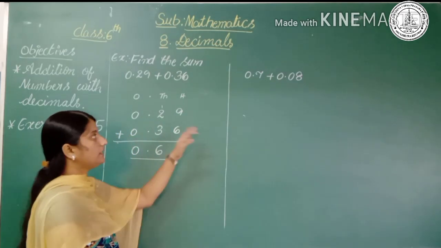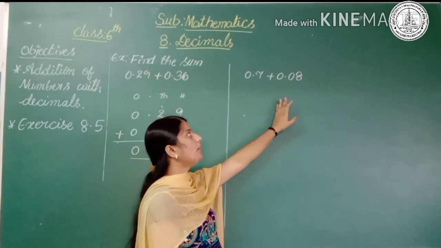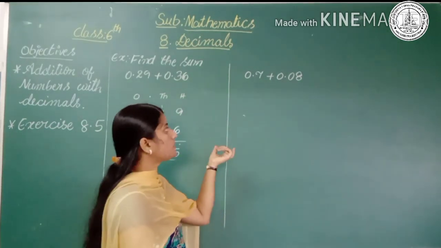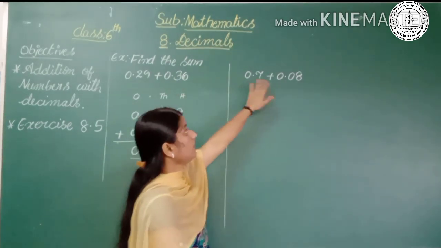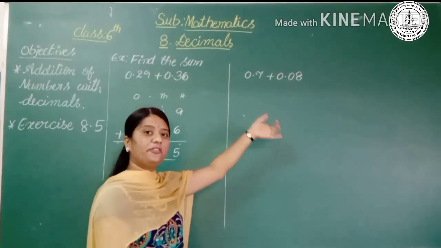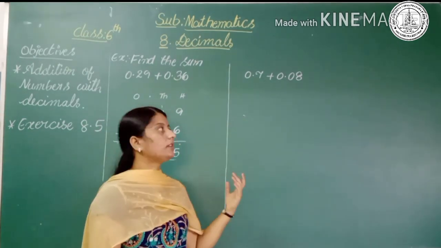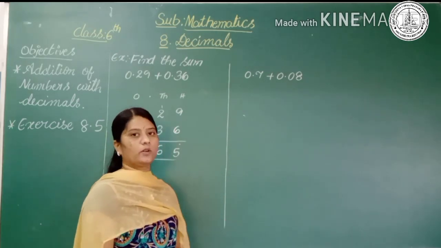Then the second example is 0.7 plus 0.08. You can observe these two decimal numbers. These two are unlike decimals, because these two numbers have different decimal places. So what we have to do? We have to convert them into like decimals and then add.